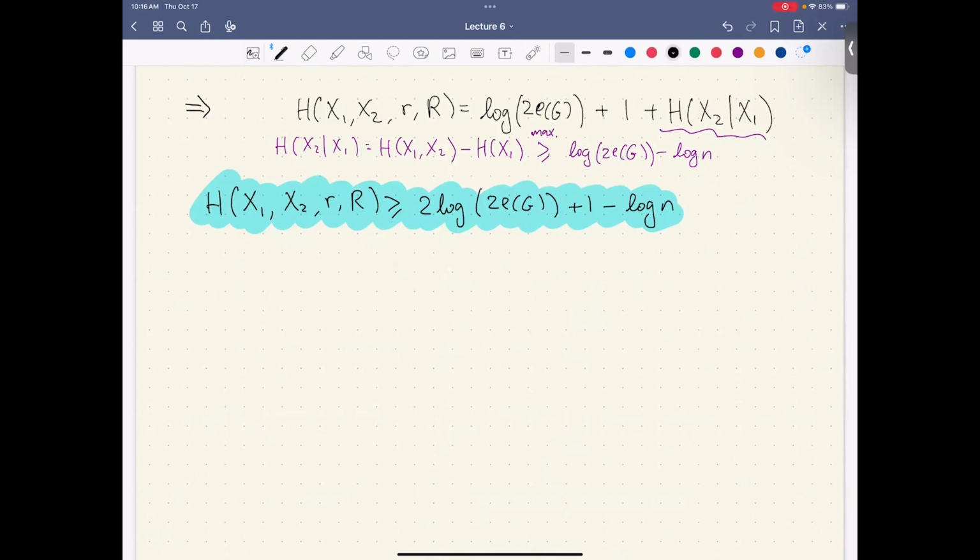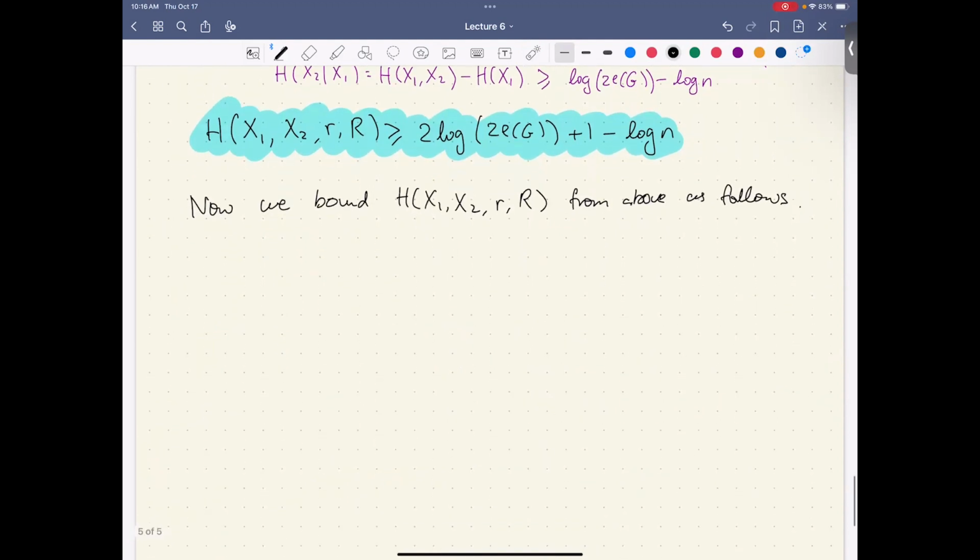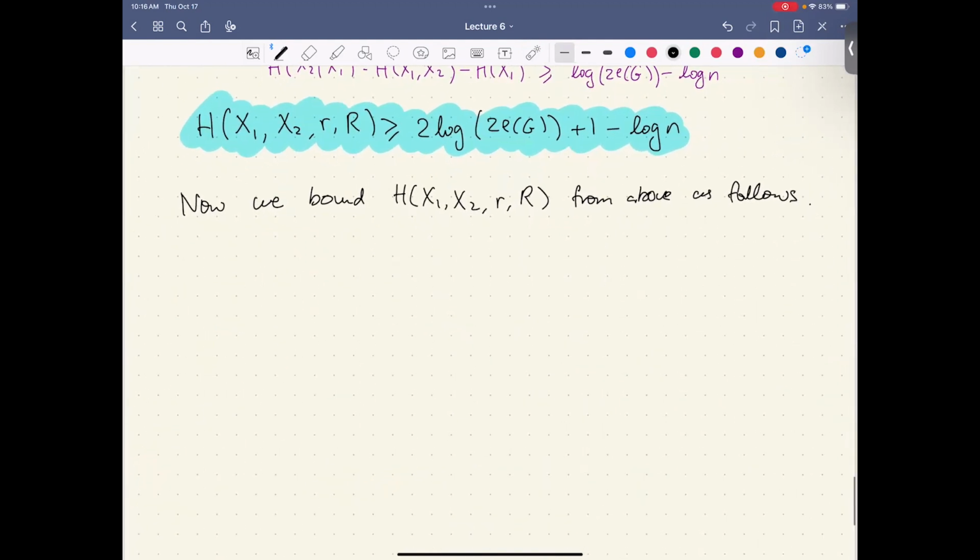So again, we want to bound H of x1, x2, little r, capital R from above as follows. Again, all we're going to use is maximality.